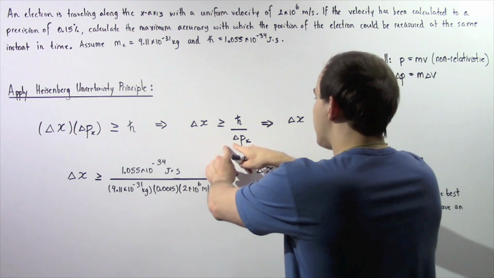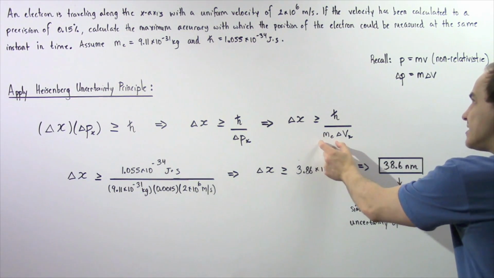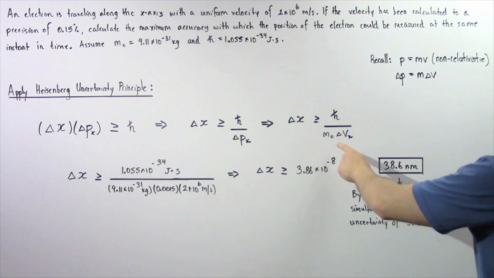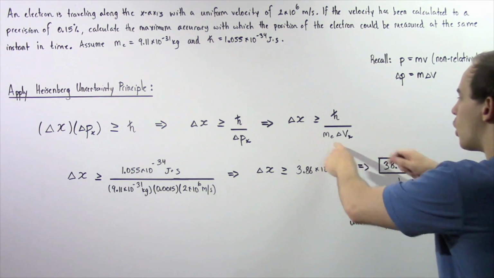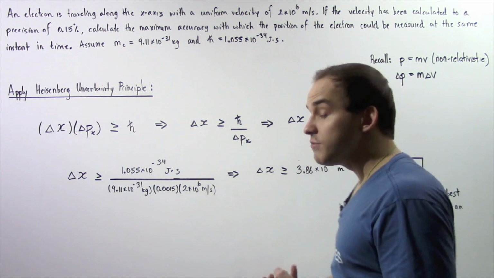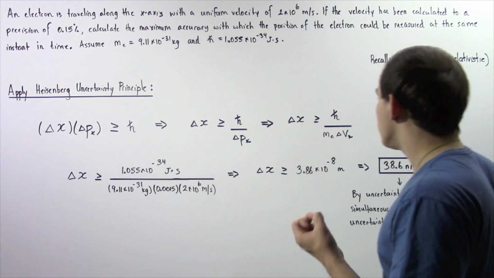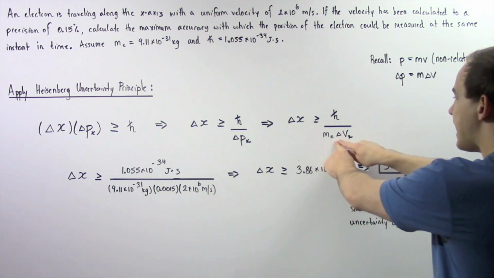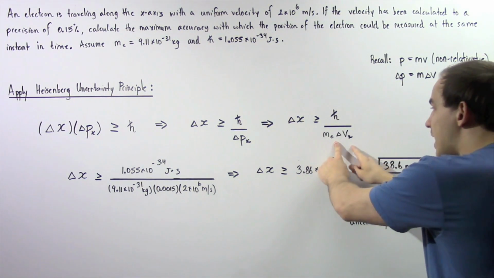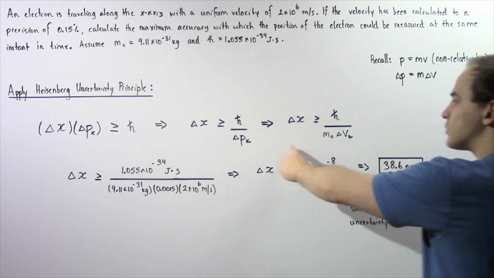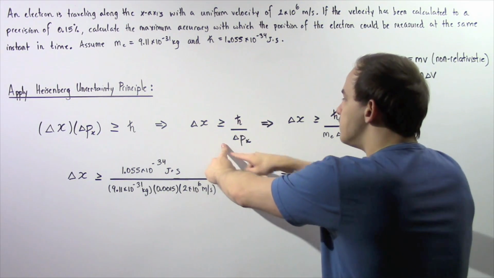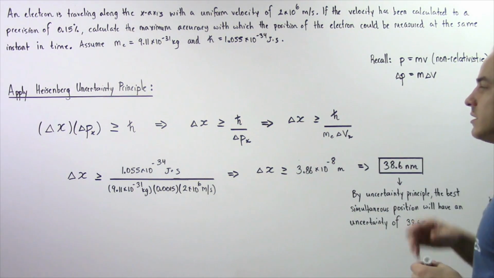So let's replace delta px with the mass of the electron multiplied by the change in velocity along the x-axis, also known as the uncertainty of the velocity of our electron. If we take the uncertainty in velocity of the electron and multiply it by the mass of the electron, we get the uncertainty in momentum of that same electron.